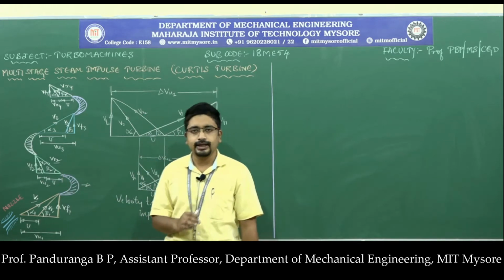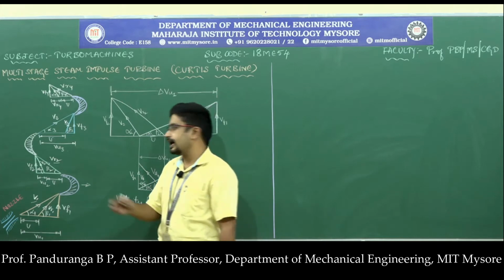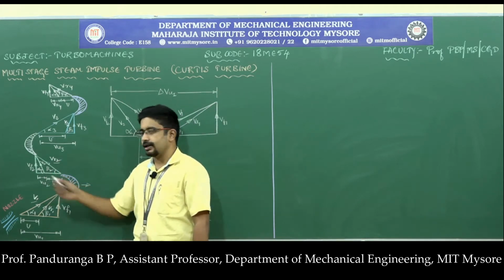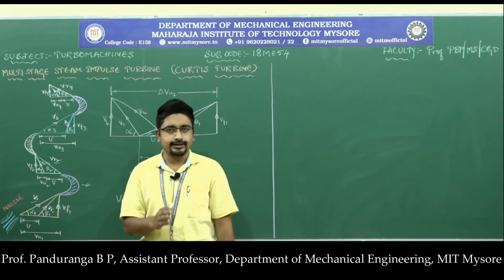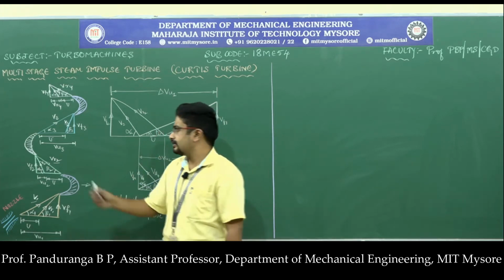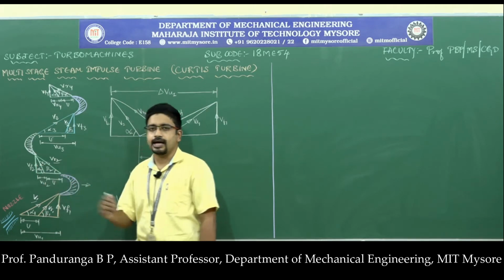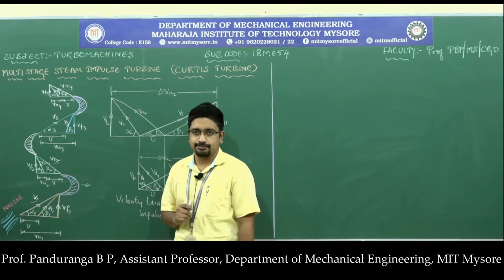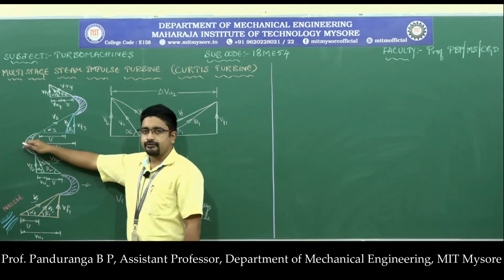Whenever we are dealing with moving blades, for us the relative velocity and the angle made by the relative velocity, beta, is very important. Whenever we are dealing with the fixed blade, then the absolute velocity and the angle made by the absolute velocity is very important, because there is no relative velocity in the case of fixed blade.